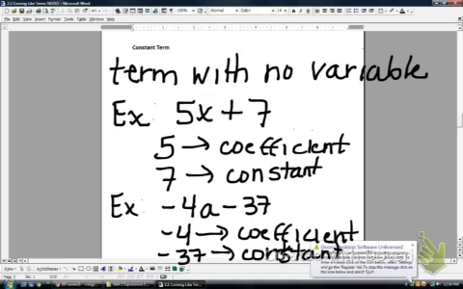And so even though this is a minus sign, it still is part of that term to the right. So the sign to the left is part of it. So it's minus 37, we would say -4a minus 37. But then down here is a -37. Minus and negatives mean the same thing, and that's one of the hardest things to understand. But that sign to the left is part of the term.